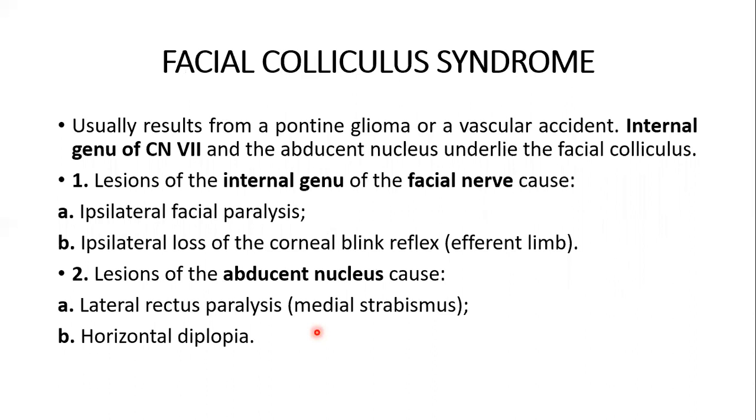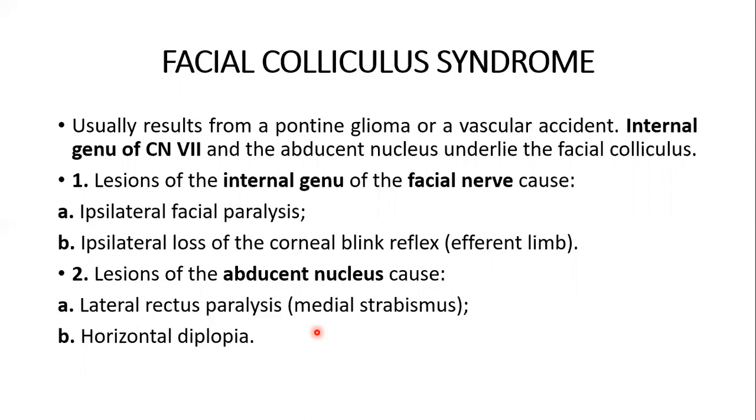And then this is the facial colliculus syndrome. What is that? It usually results from a pontine glioma or a vascular accident. The internal genu of cranial nerve 7. What is the internal genu? This is that part of cranial nerve 7, the facial nerve, which produces the facial colliculus.